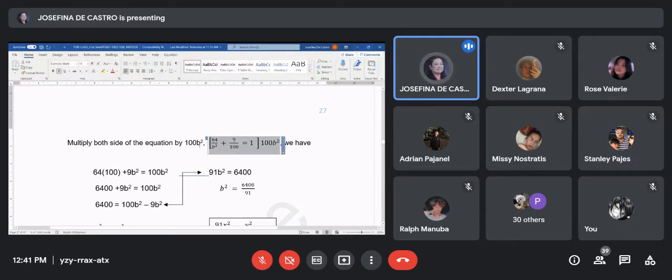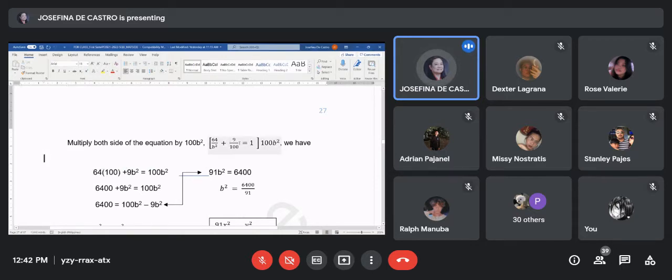So 100b squared ang LCD niya. So if we multiply 100b squared to 64 over b squared, makakancel si b squared, may iwan si 100 times 64. Ito yun. Okay?